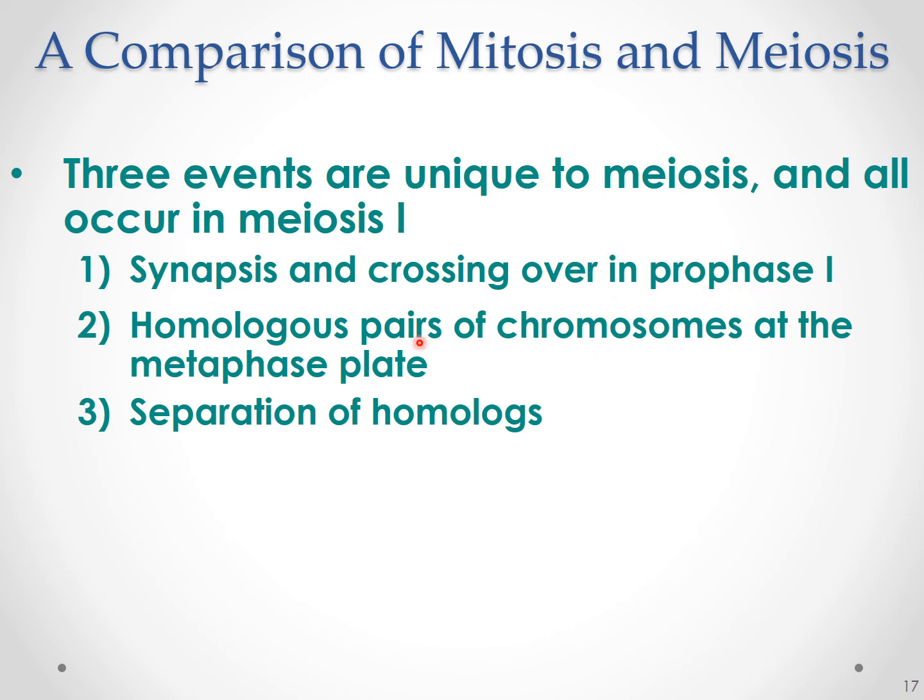And then the homologous pairs of chromosomes are going to line up at the equator of the cell, creating the metaphase plate. There are different ways in which they can line up. Remember, there are 2 ways in which they can line up, so that increases some variation. And then separation of the homologs. It's homologous chromosomes that are separated, not sister chromatids, during meiosis 1.